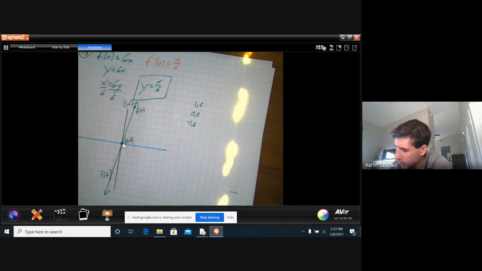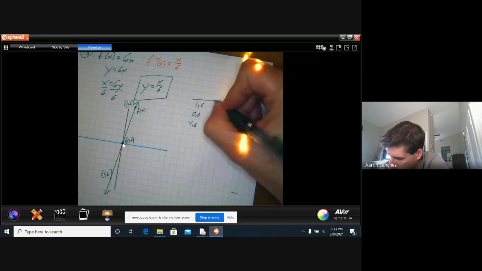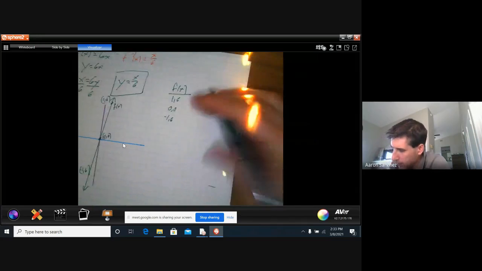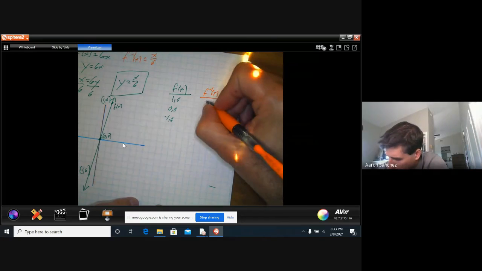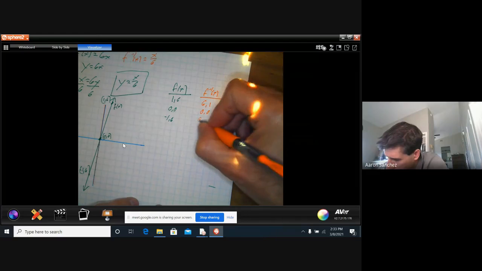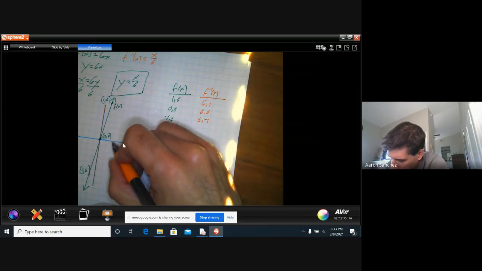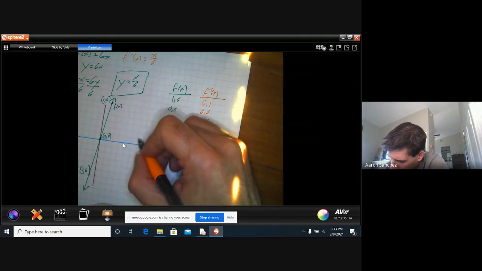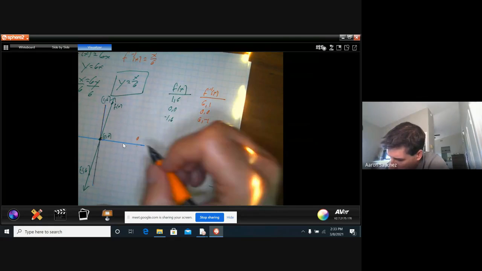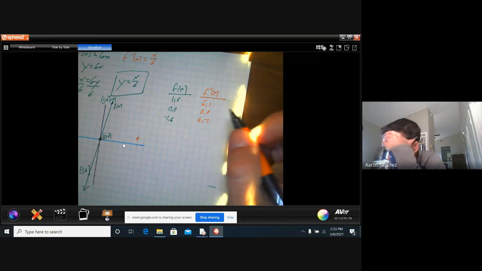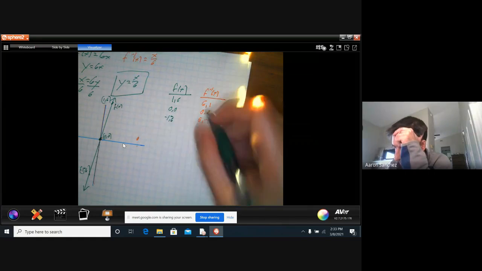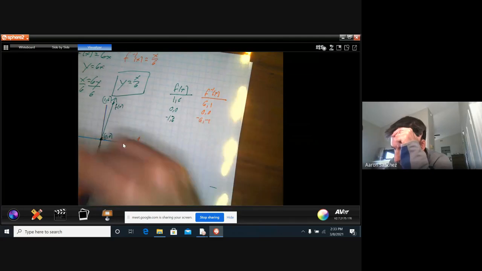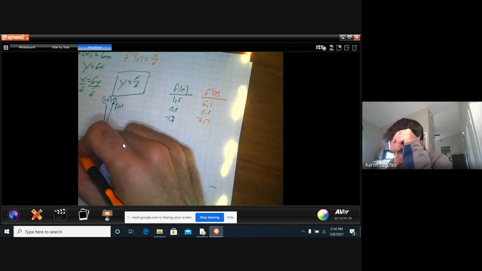To graph the inverse, you just flip them: 6, 1; 0, 0; and negative 6, negative 1.